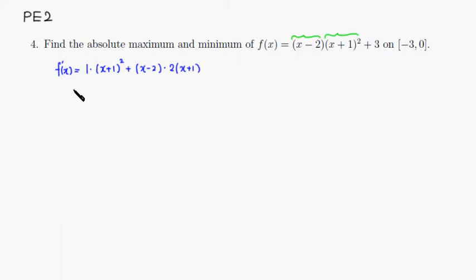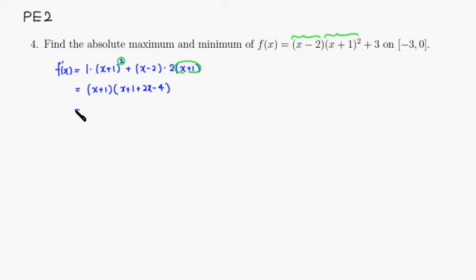Then we need to simplify a little bit. What's in common is x plus 1. We have actually two of them, so I'll just circle that. So you see that quantity x plus 1 can be factored out. Then we combine everything else. You have x plus 1 from the first term, and 2x minus 4 from the second.